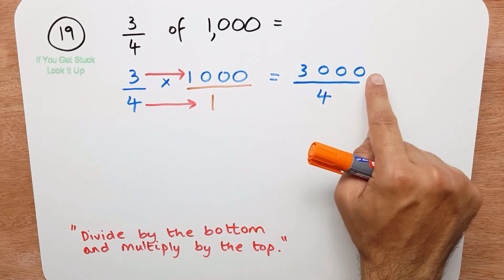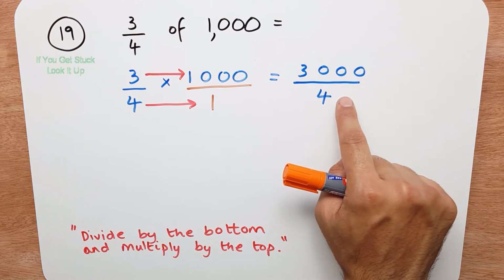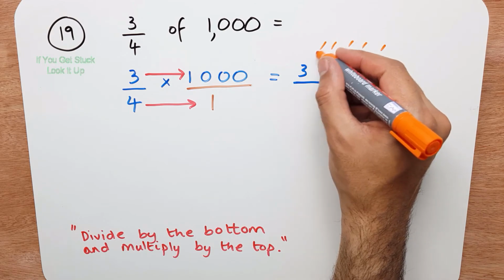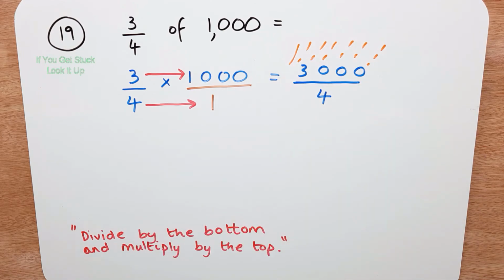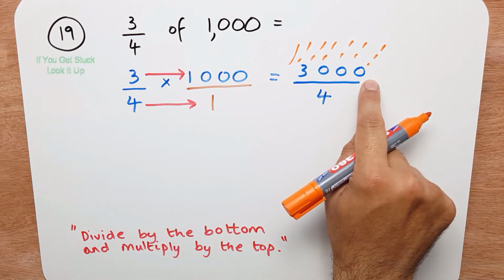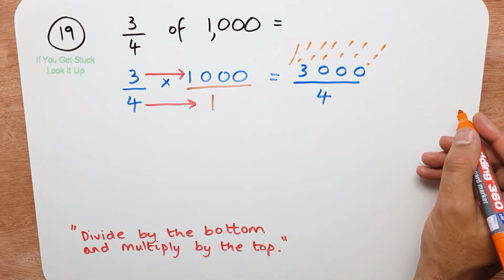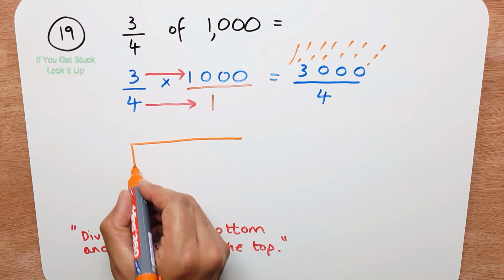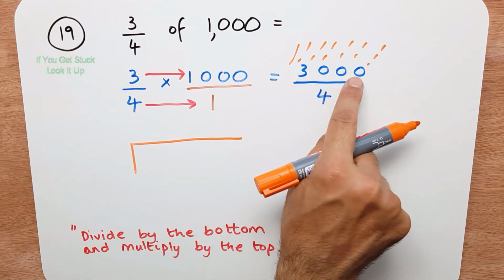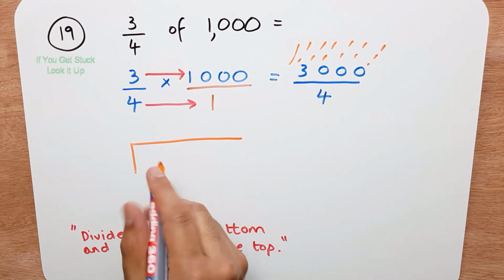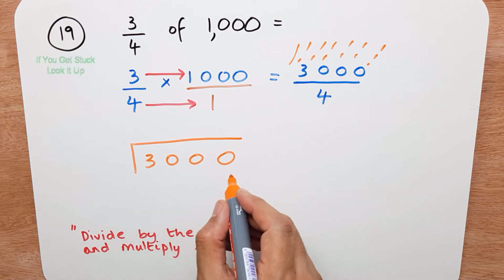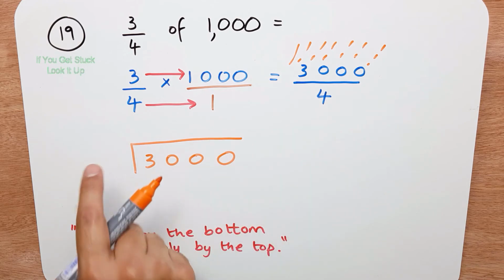Now I'm going to use the bus shelter method to work this out. It's raining, and 3000 is getting wet, so I'm going to do a bus shelter here. This 3000 has to go inside, and then the 4 has to go outside.